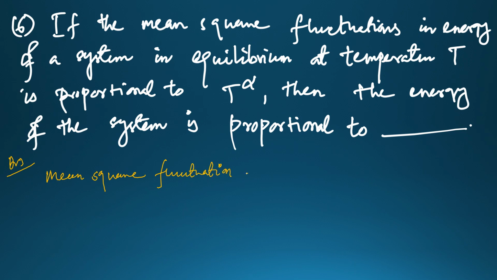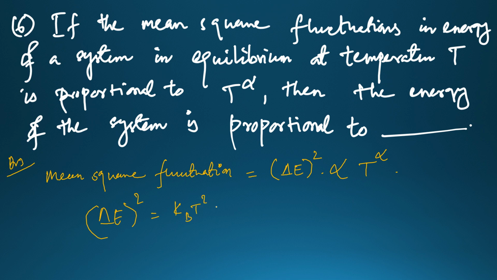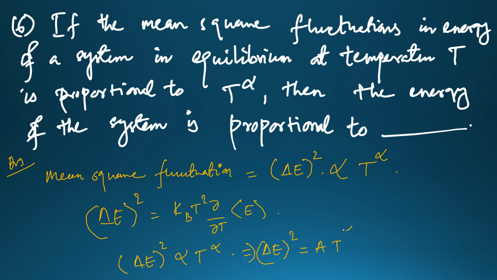Then the average energy of the system is related as follows. We know that the mean square fluctuation, delta E squared, is equal to kB T squared times del by del T of the average E. Delta E squared is proportional to T to the power alpha, so I can write delta E squared is equal to some constant A times T to the power alpha.